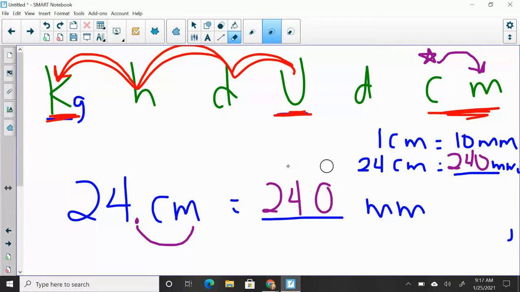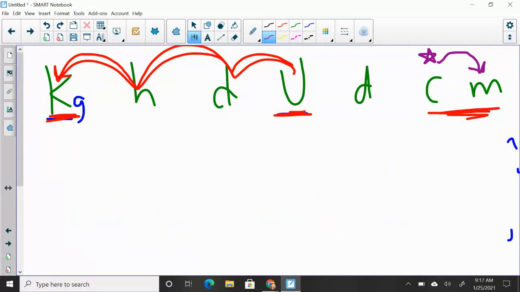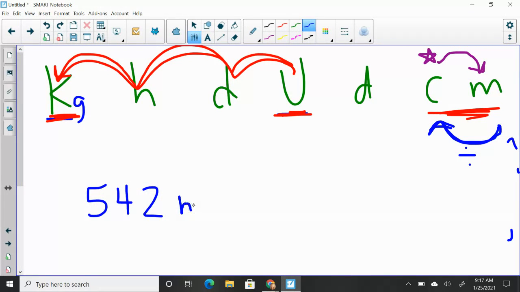So if I was going this way, from millimeters to centimeters, I'm dividing, or my decimal point's going to scoot to the left one time. So let's say I have 542 millimeters.